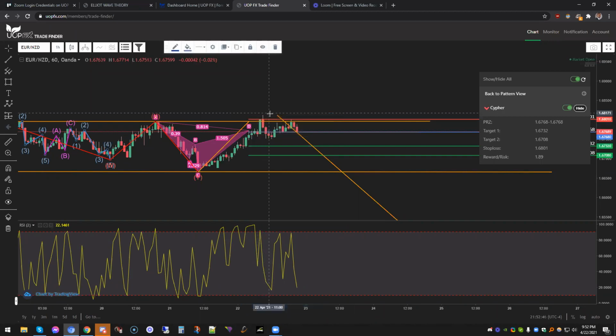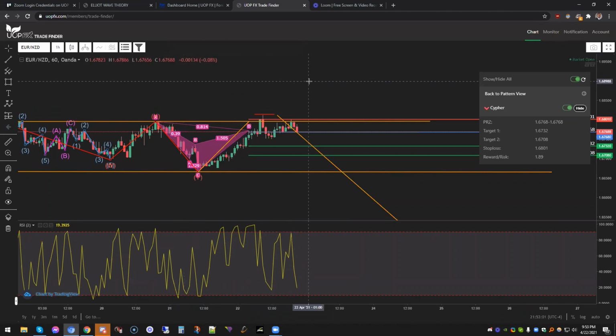Let me just remove this box. So just above the high, I'm just going to put a little line here. So just above the high, that's where you put your stop. I'll make it red. See? So that's where you put your stop and you enter on the close of the red bar. So let me put a little line in here just to show you.